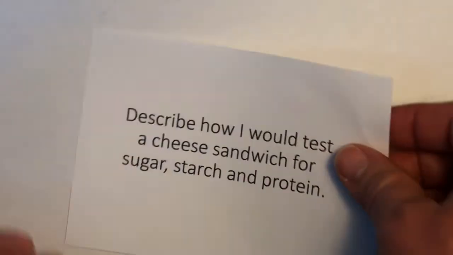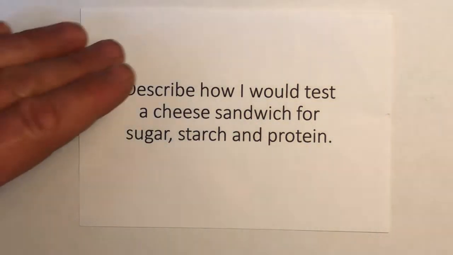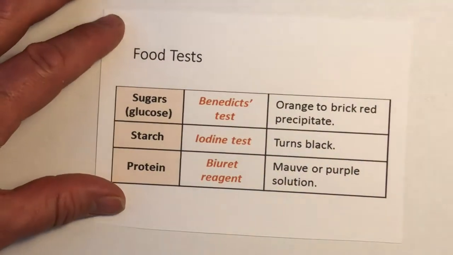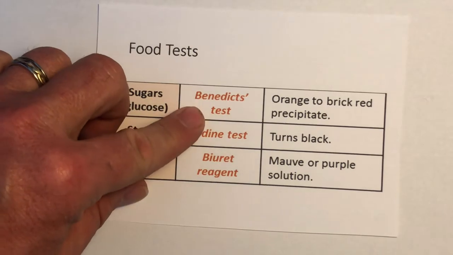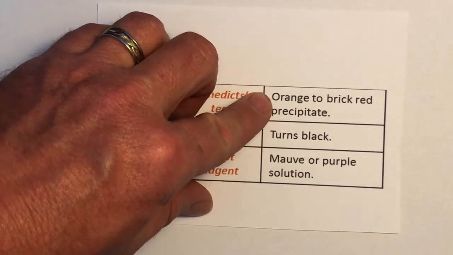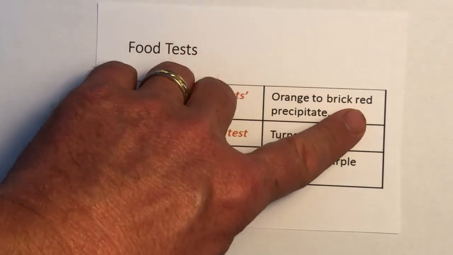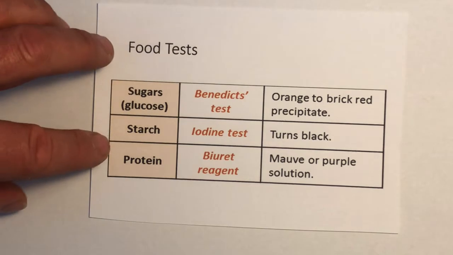So, back to the question: describe how I would test a cheese sandwich for sugars, starch and proteins. I would test a cheese sandwich for sugars using the Benedict's test, and it would go from blue to brick red depending on how much sugar is present.